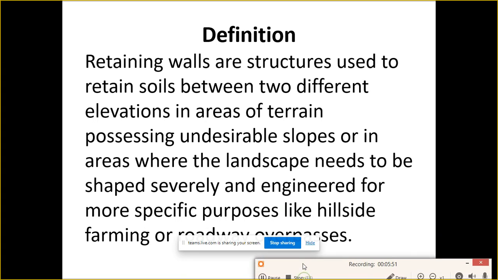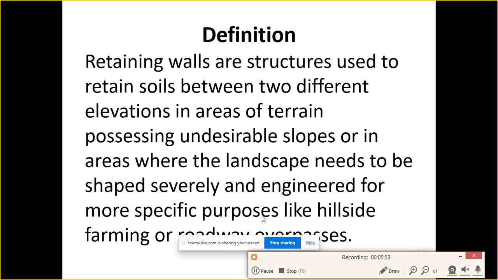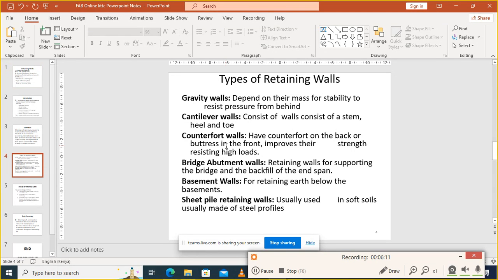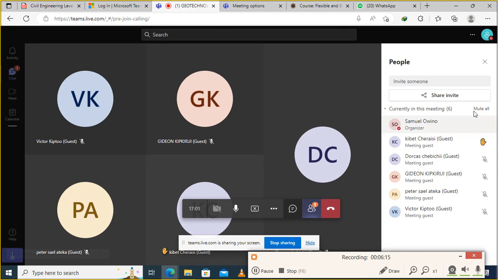So I want us to continue. We have already seen what a retaining wall is. Next I want us to move to types of retaining walls. We have several types of retaining walls, and I wish to mention them as we continue.